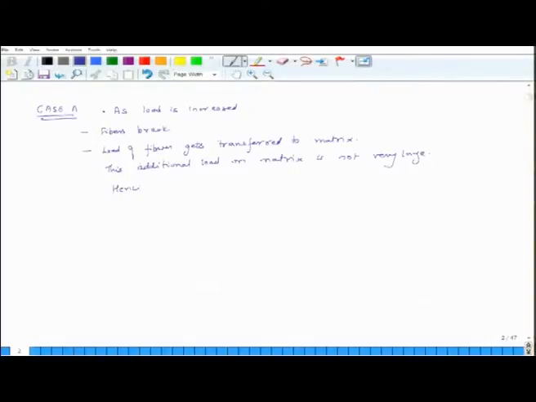Hence, the matrix can handle the extra load. So, now as the external load is further increased, what happens? At some point the composite fails.